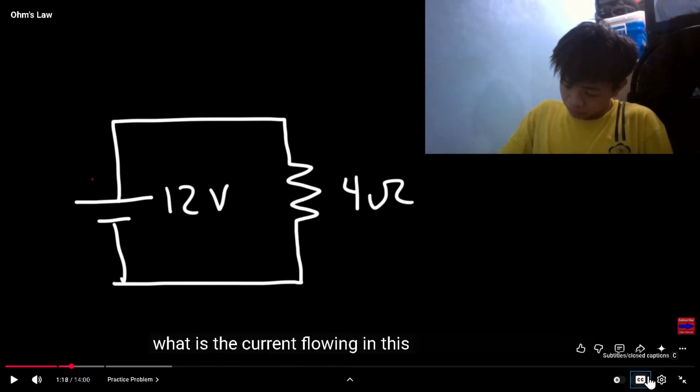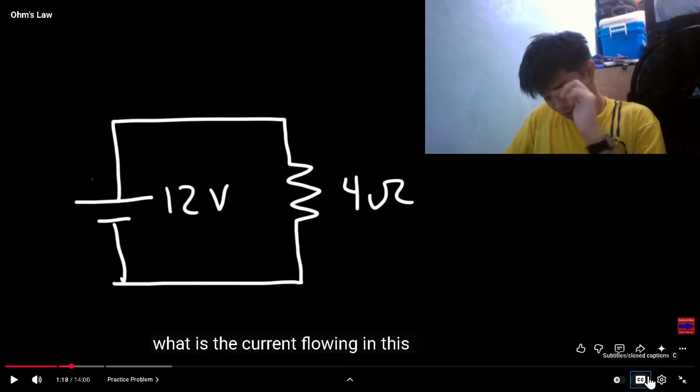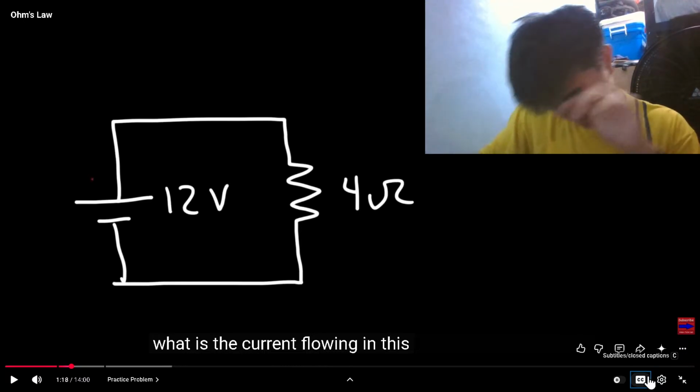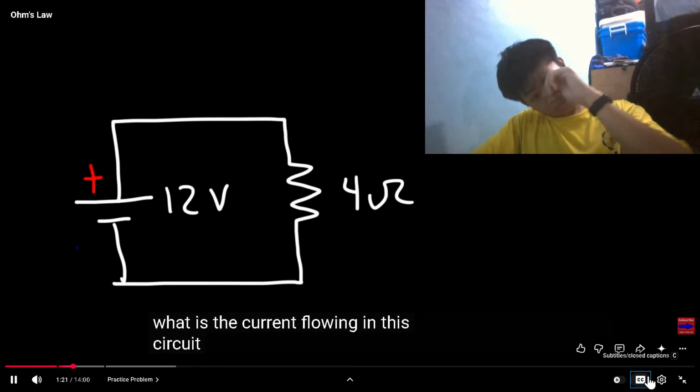So, divide each side by 4 ohms. So, giving 3 amperes. This circuit.